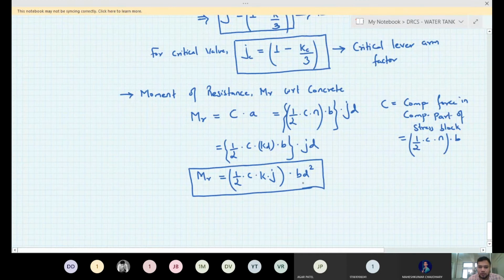Now this can be written as R times BD square also.